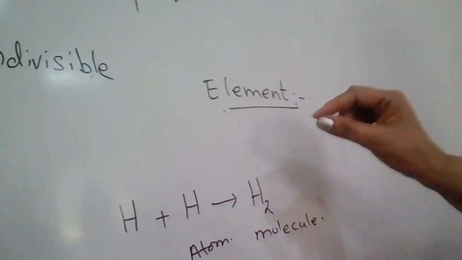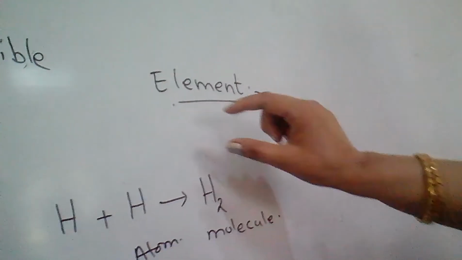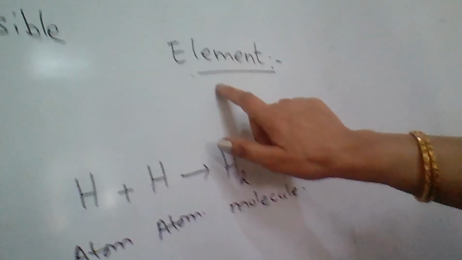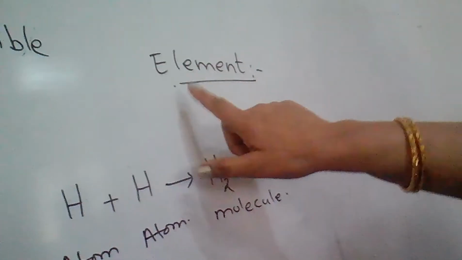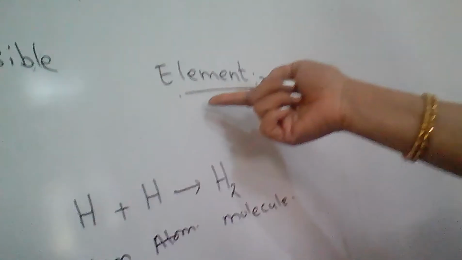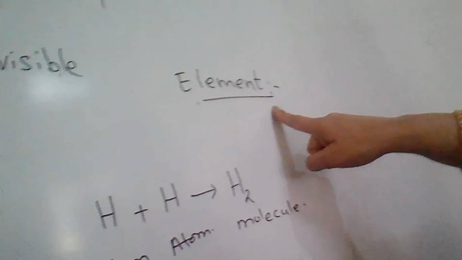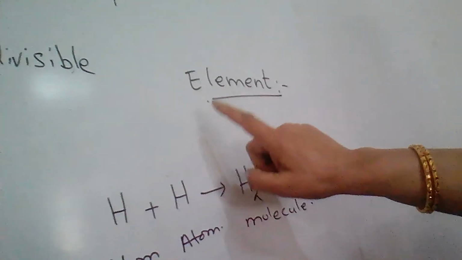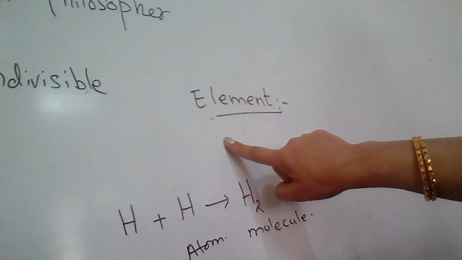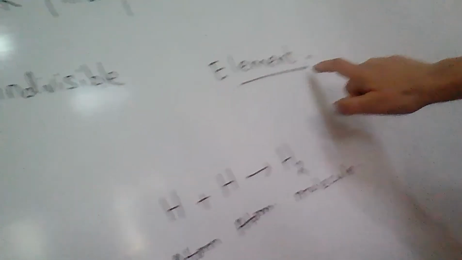Again I can explain: gold atoms combine and form the element gold. Similarly, the atoms of silver combine to form the element silver.